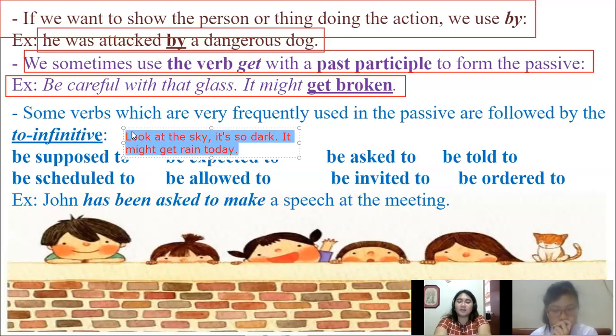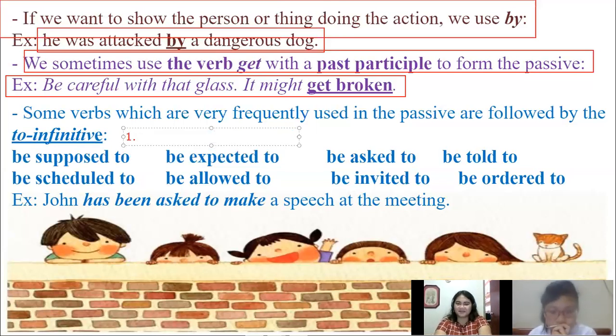Can you make your own example? Just use get plus past participle. Oh, I'm sorry.